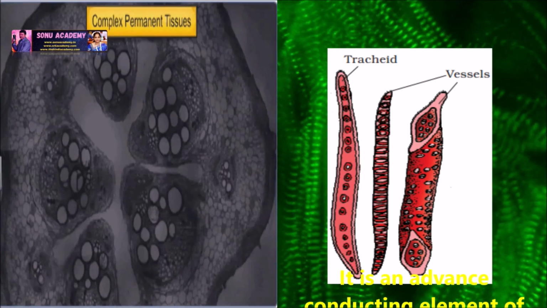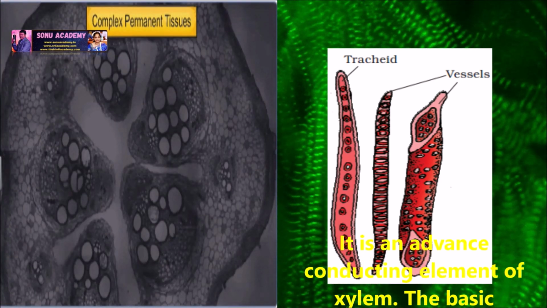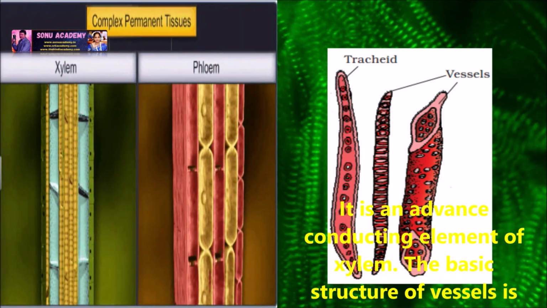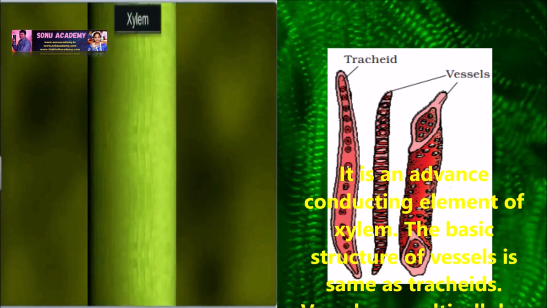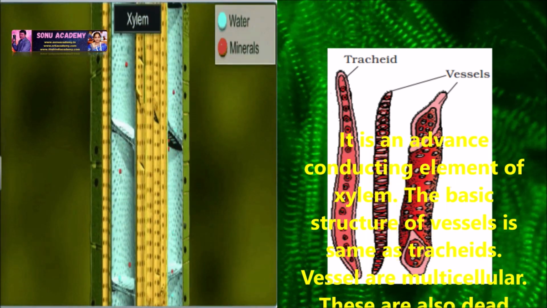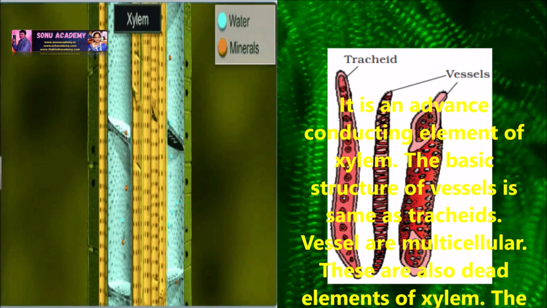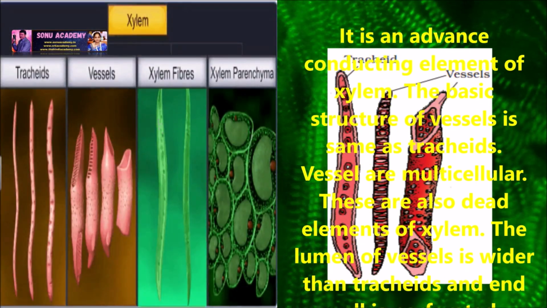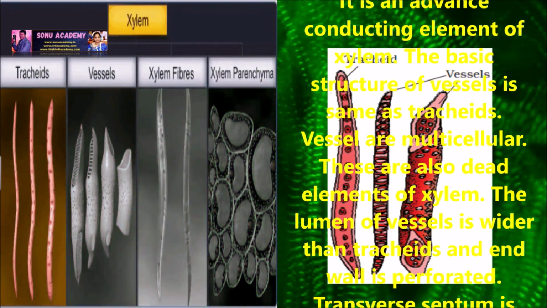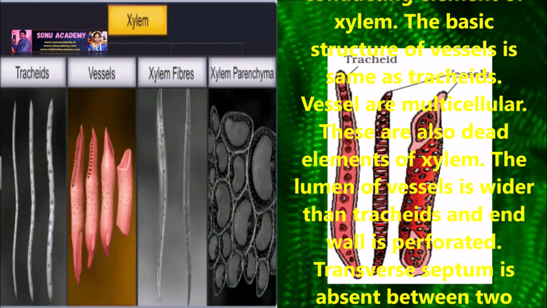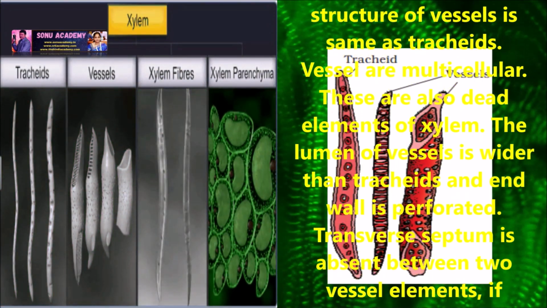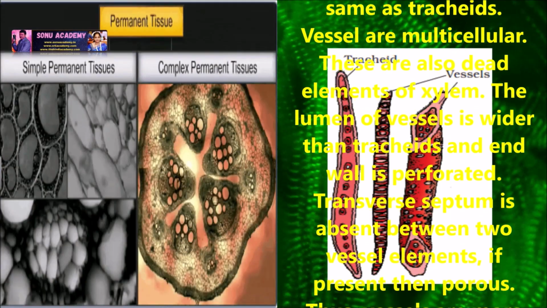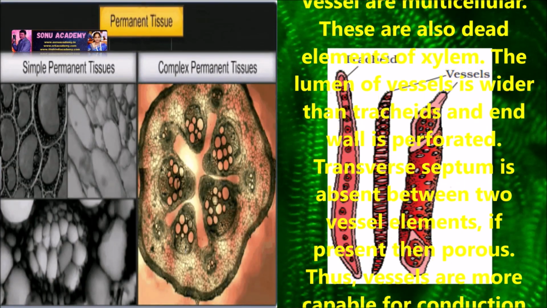Vessels. It is an advanced conducting element of xylem. The basic structure of a vessel is the same as tracheids. Vessels are multicellular. They are also dead elements of xylem. The lumen of a vessel is wider than that of tracheids, and the end wall is perforated. A transverse septum is absent between two vessel elements; if present, it is porous.